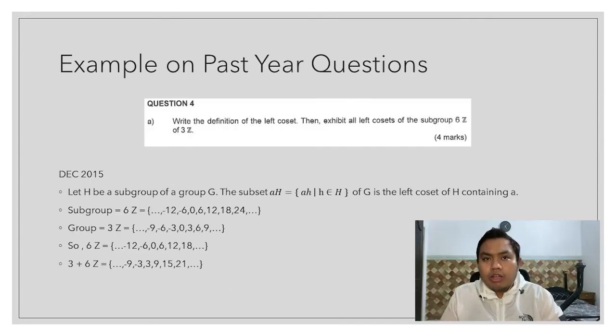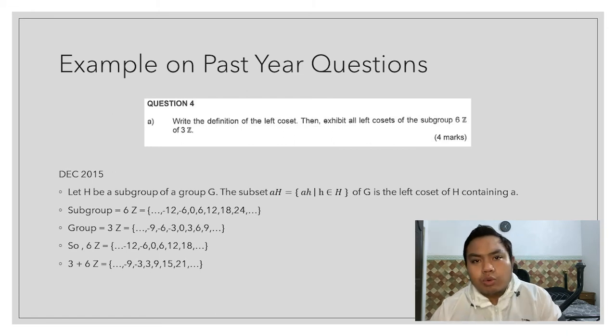Okay, thank you, Amin. I will continue with the next part, which is the example of the past year question. We chose question 4A from December 2015. The question is, write the definition of the left coset, then exhibit all left cosets of the subgroup 6 times integers in 3 plus integers. The answer is, let H be a subgroup of a group G. The subset aH equals {ah : h an element of H}, for H a subgroup of G, is the left coset of H containing a.